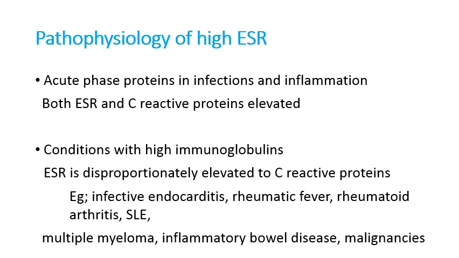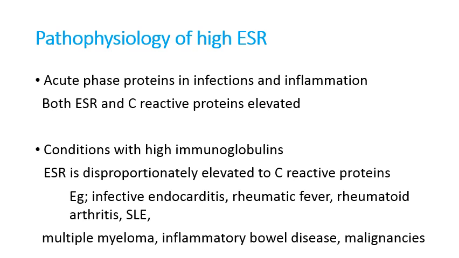But there are certain conditions where the immunoglobulins are disproportionately high. In those situations, the ESR is disproportionately elevated compared to C-reactive protein. What are the conditions where, in addition to the acute phase protein, there is an immunological reaction as well?